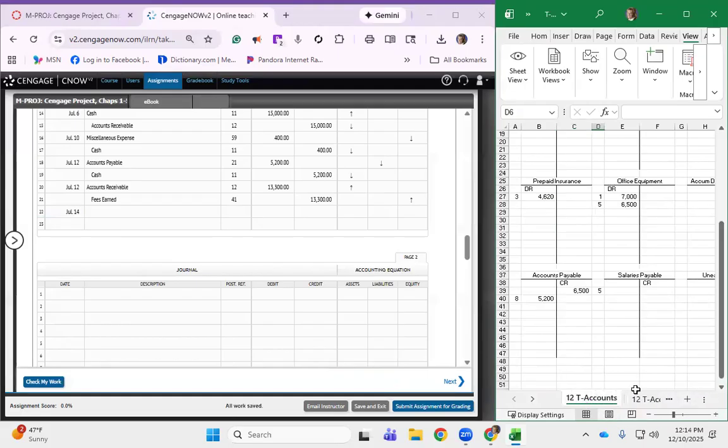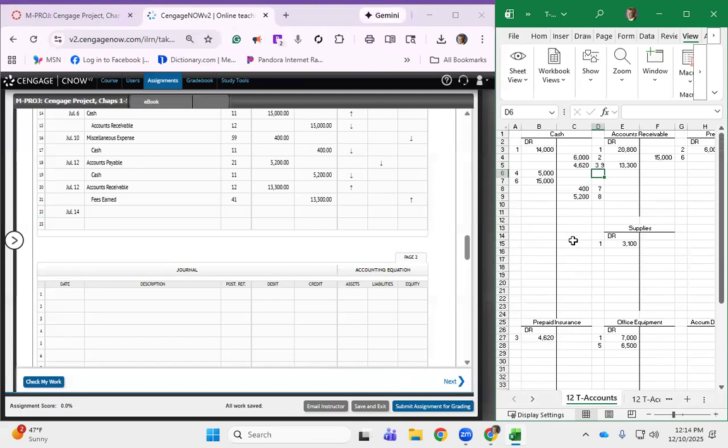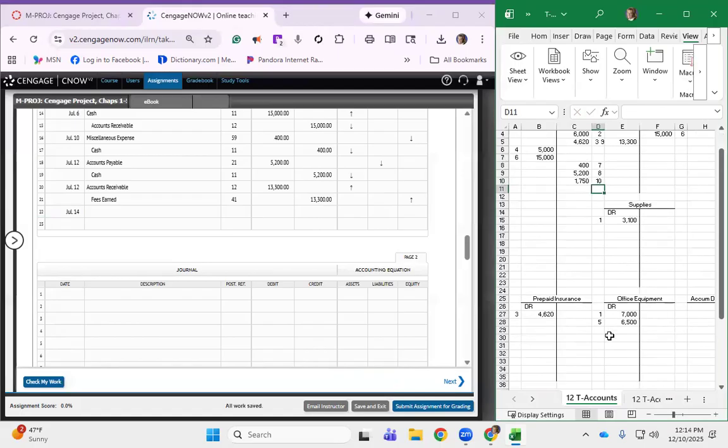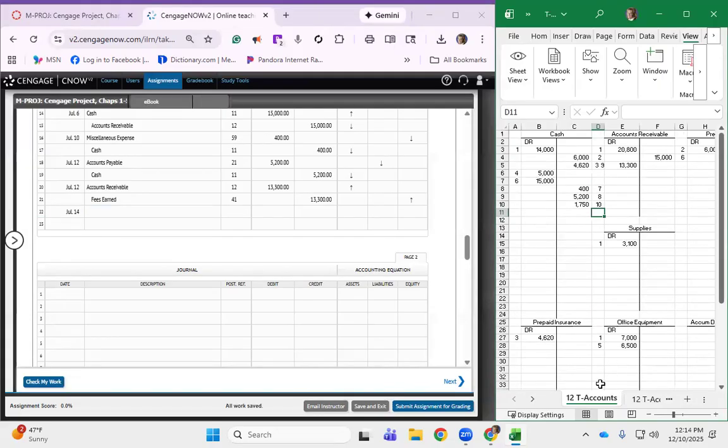There we go. Sometimes it's easy to put it in the cash account. So this is actually cash going down, 1750. And that is actually number 10. And we're going to put that in a salaries expense, because we're paying her right now, I guess.